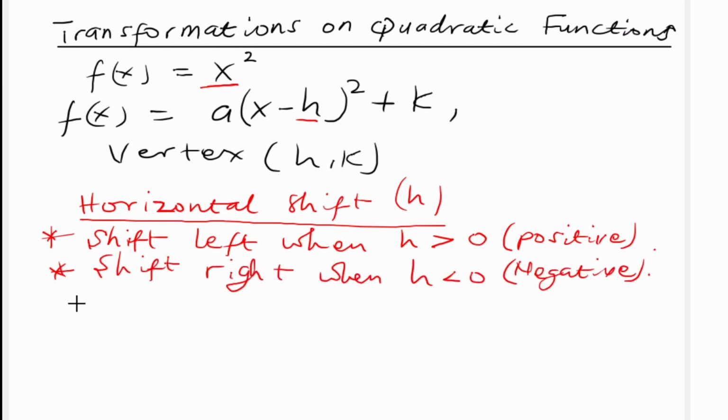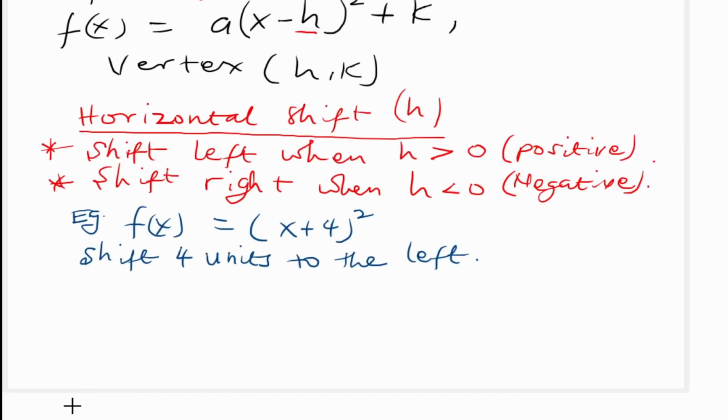For example, when we have a function f of x equals x plus 4 all squared, because h is positive, the graph has shifted to the left 4 units. Another example, f of x equals x minus 2 all squared, means the graph has shifted to the right 2 units.